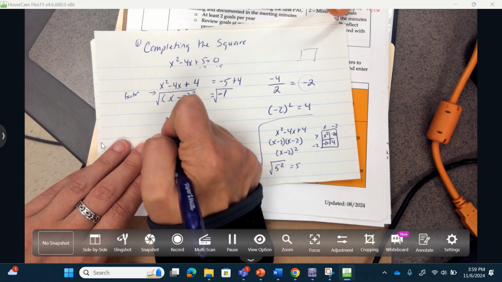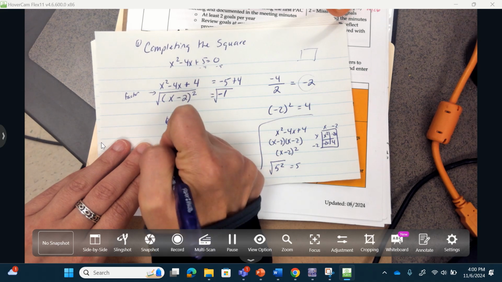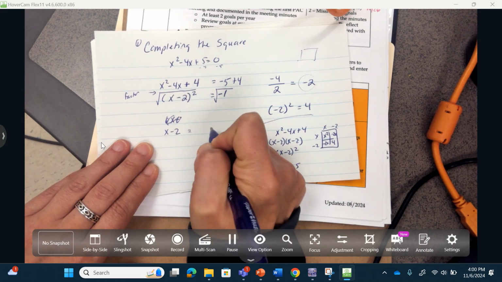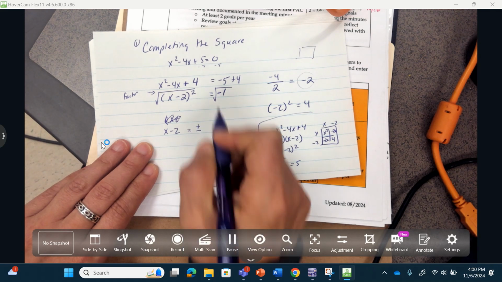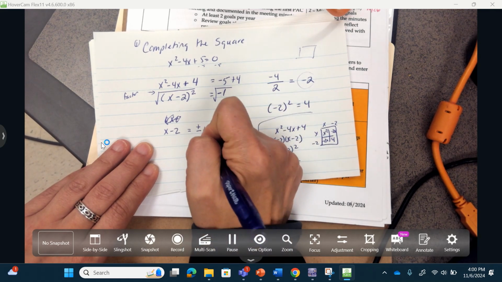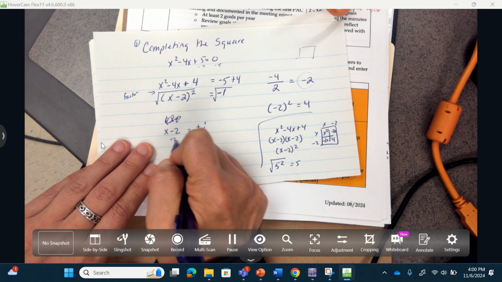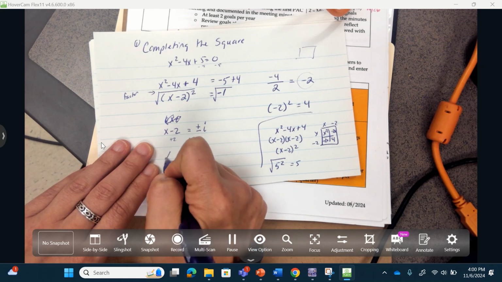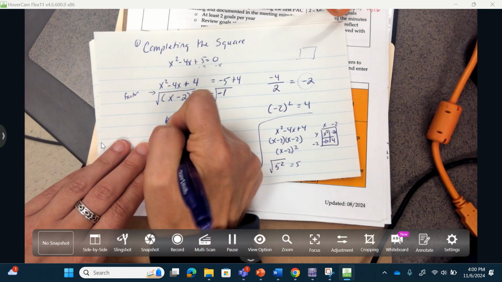And so I'm left with x minus 2. And then over here, when we take the square root, we have to remember to do plus or minus, and the square root of negative 1 is i. And then to get x by itself, I would simply add 2 to both sides. So x is equal to 2 plus or minus i.